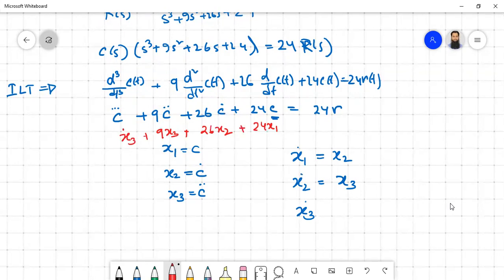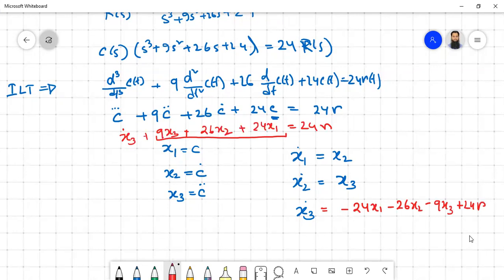And then you have 24r. So all these parameters will go to the other side, and if you rearrange it, what we get is x3 dot equal to minus 24x1 minus 26x2 minus 9x3 plus 24r.